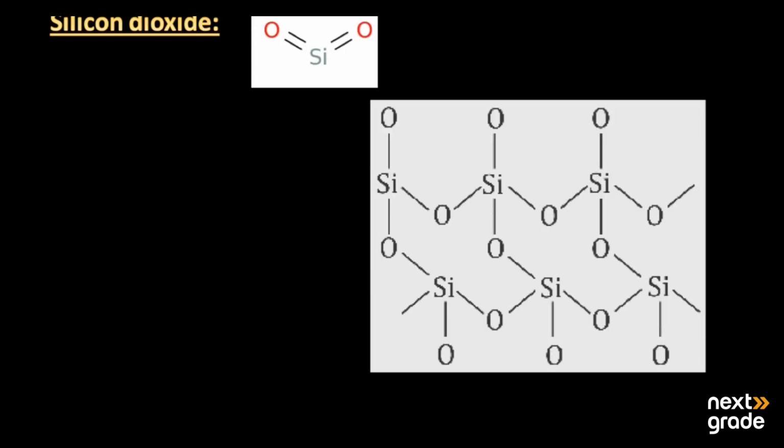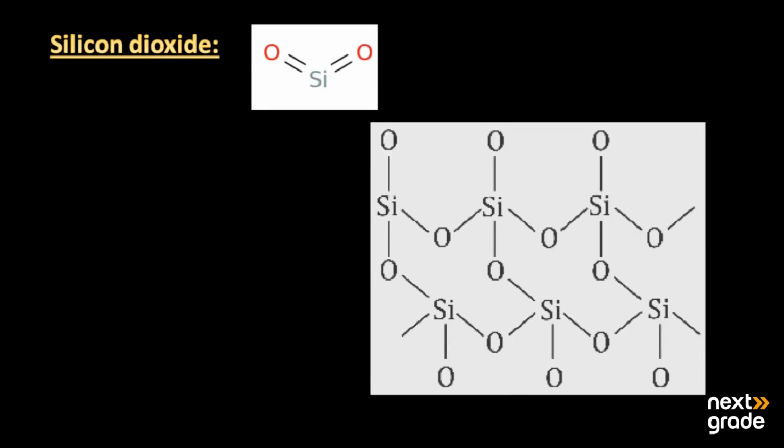First we have silicon dioxide, in which one silicon combines with two oxygen atoms, making a dioxide, meaning two oxygen atoms.